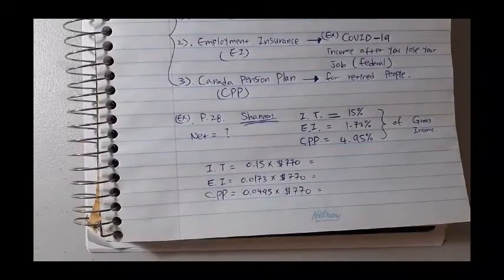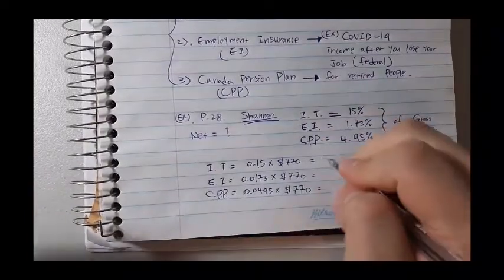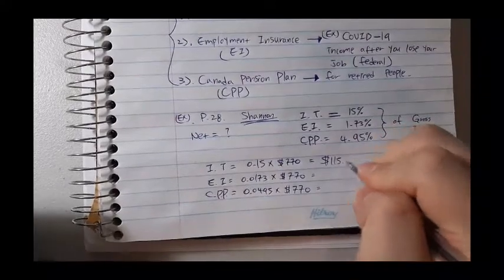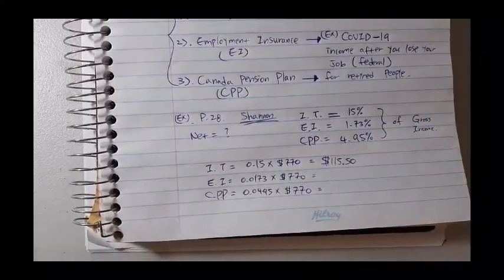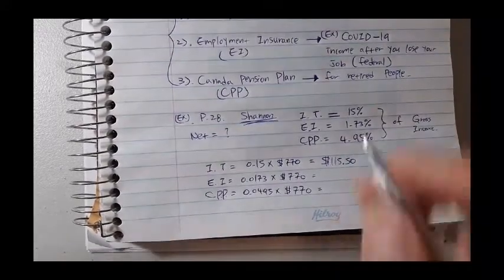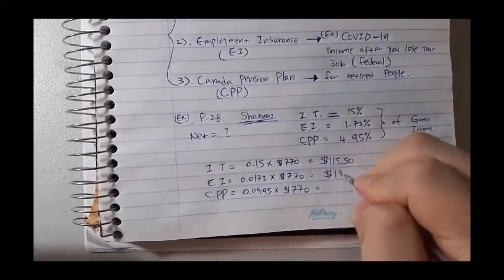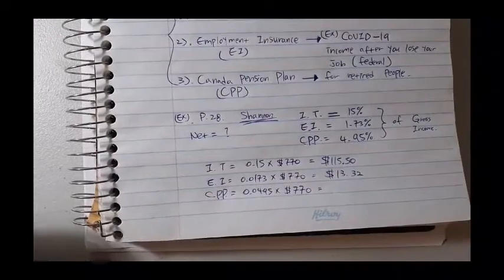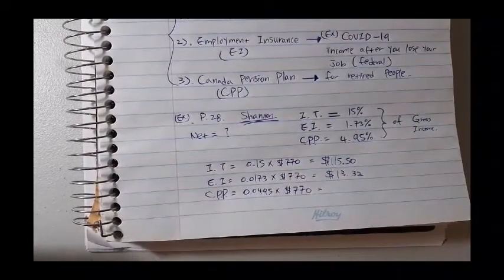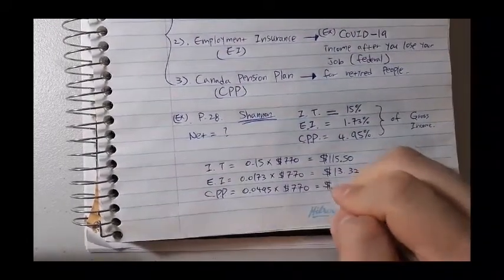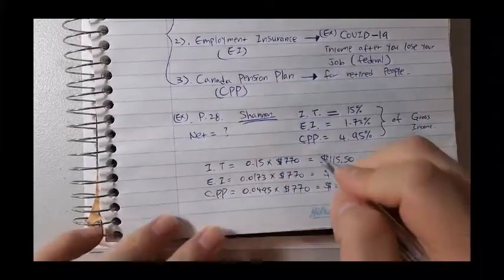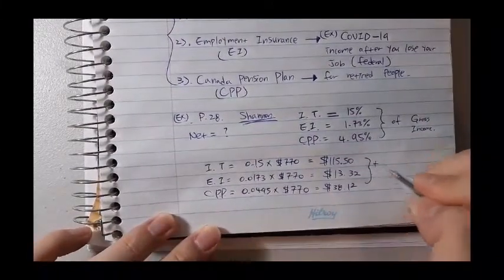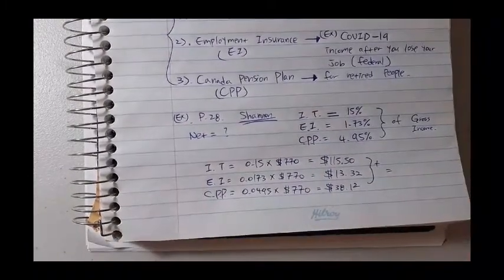Your calculator will do the rest of the work and give me 115.50, 13.32, and 38.12. These are the entire deductible amounts.